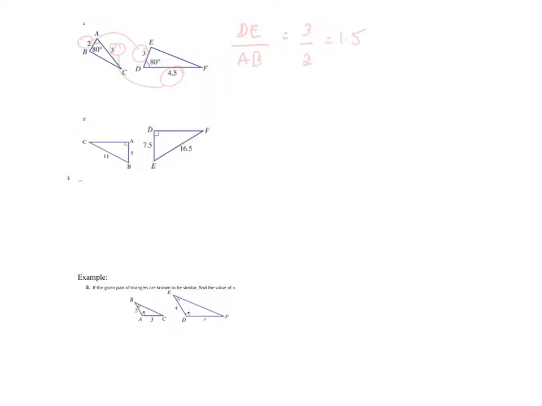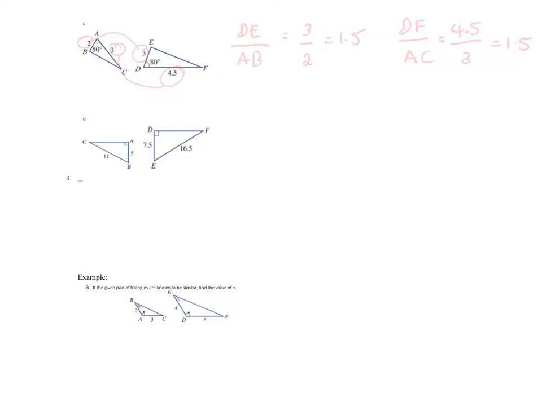What about the other corresponding sides? Or are they? Let's check it out. So it goes from D to F, remember, bigger triangle, D to F, over, what's the corresponding side on the smaller one? It is A to C, and we've got 4.5 over 3, and that's also equal to 1.5. What that tells us is that to go from the side lengths in the smaller to the bigger one, we're timesing by 1.5.